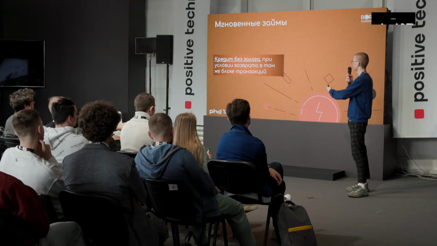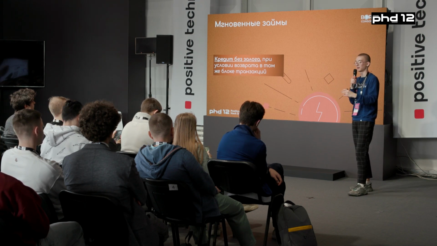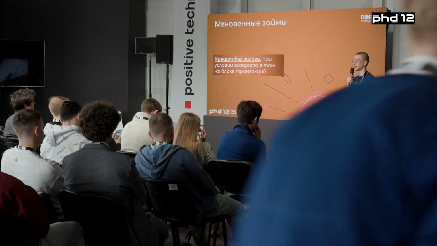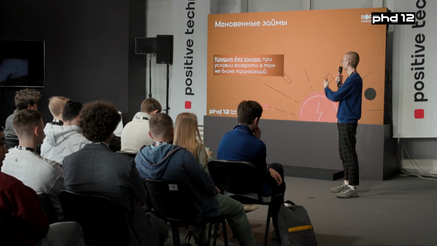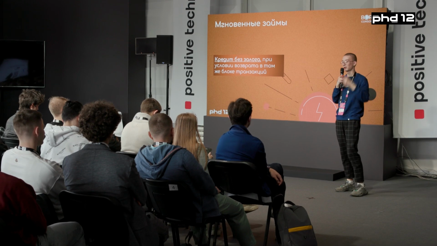Basically, we will have to do this within 30 seconds, 1 minute, 90 seconds, while the block is being created. If we do not do so, then the loan will not be verified and all the transactions will become invalid. This makes it possible for us to arbitrage.